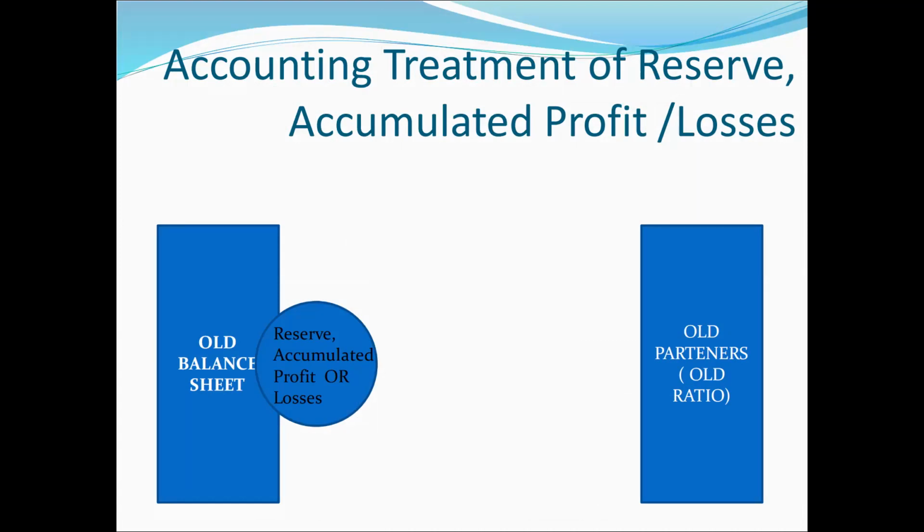Accumulated profit or loss. What do you mean by accumulated profit or accumulated loss? Accumulated profit means, after completing our profit and loss account, after completing our accounting process, a few more incoming items arise newly.